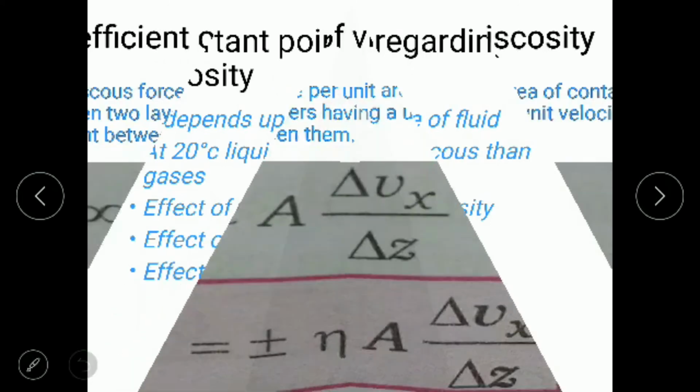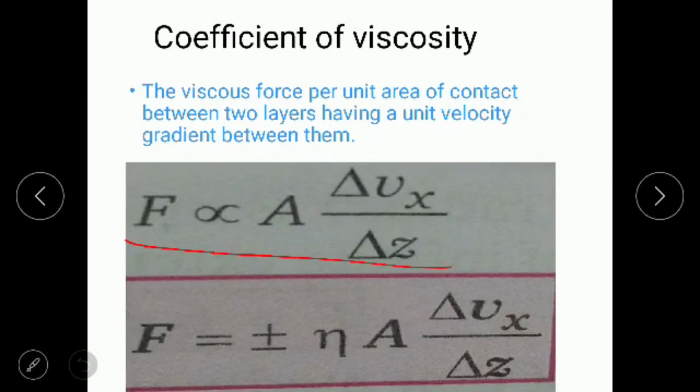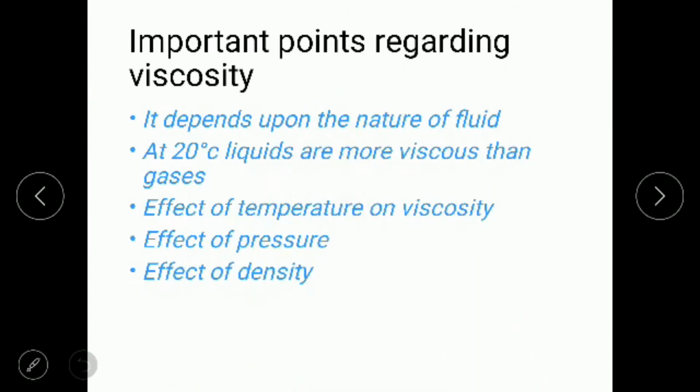In the previous definition, force depends upon the area and velocity gradient, whereas the coefficient of viscosity does not. It depends only upon the nature of the flow.